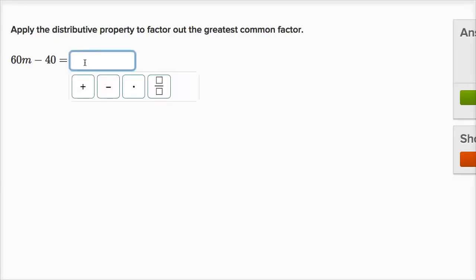So this is going to be 20 times 3m minus 2. And once again, we feel good that we did take out the greatest common factor because 3m and 2, especially 3 and 2, are now relatively prime. Relatively prime just means they don't share any factors in common other than 1.